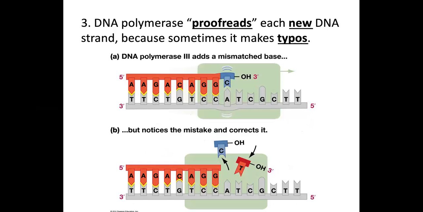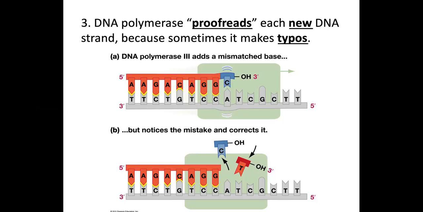The last step is also DNA polymerase. Once it adds those nucleotides and completes that complementary strand, it comes back through and proofreads. What does it mean to proofread? To go over it, to check for mistakes, to check for errors.